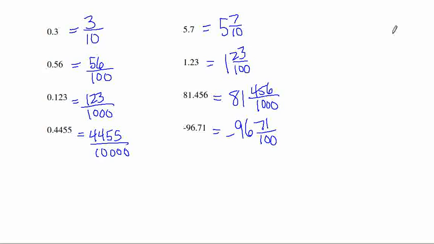How do we determine the denominator? The denominator is a power of 10, such as 10, 100, 1,000, 10,000. The number of zeros in the power of 10 is going to be the number of digits to the right of the decimal point. So 0.3, going back to the first one, there's only one digit to the right of the decimal point, so I'm going to have a denominator of 10 in the equivalent fraction because the 10 only has one zero. Look at the 0.4455.